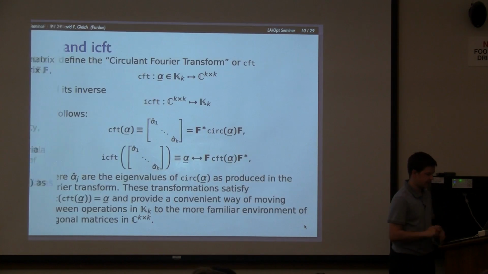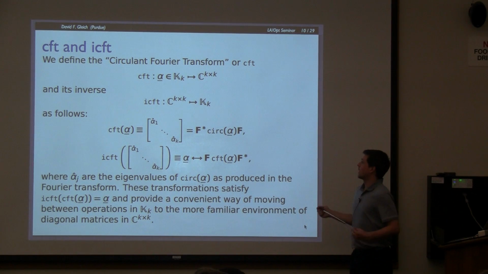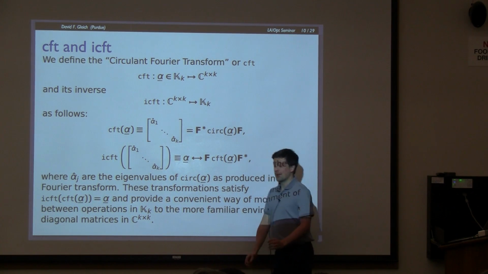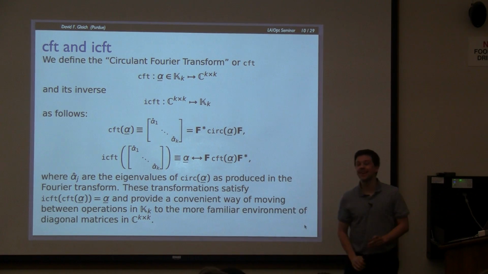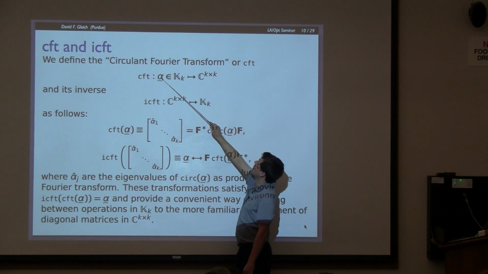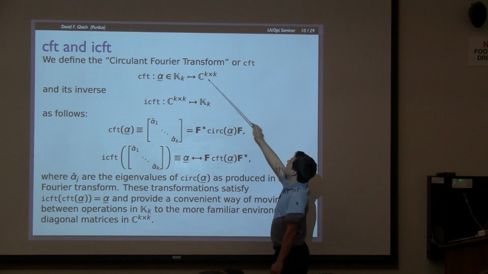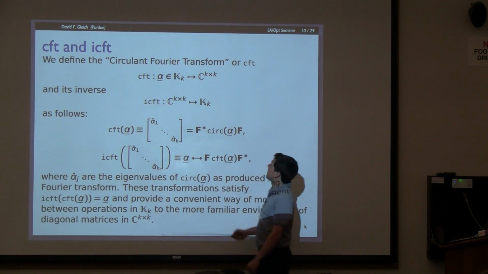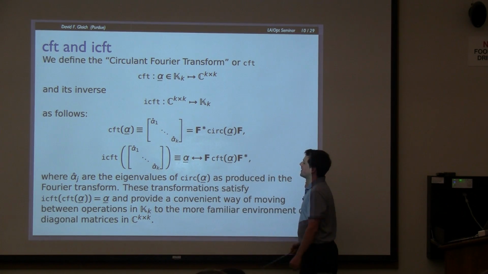Okay, let's keep going. What we're going to do is we're going to define a little bit more notation. So this talk is very notation heavy, but the payoff is worth it, so I promise. If you have a circulant, one of these elements from our ring, we're going to define an operation called the CFT. So what does the CFT do?